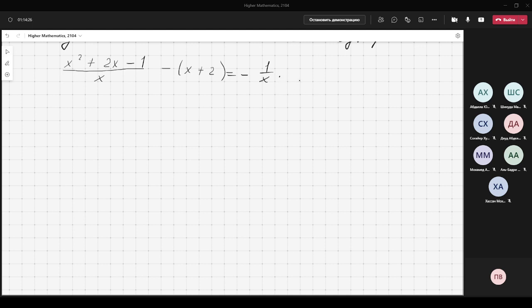This difference is negative for x greater than 0 and positive for x less than 0. And so for x greater than 0, the curve lies below the asymptote, and for x less than 0, it lies above the asymptote.